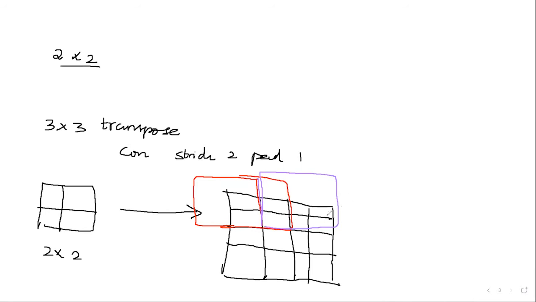So what is happening here? Here the output overlaps. The filter moves 2 pixels in the output for every 1 pixel in the input. So the stride gives us the ratio between the movement in output and the input.